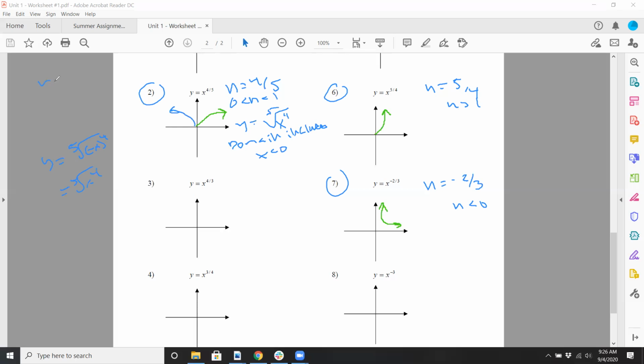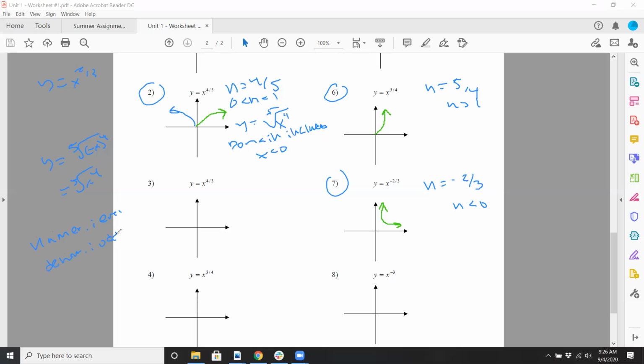It's the same thing as y equals x to the 2/3. I mean, not technically the same graph, but it's close enough. So this tells me that if my numerator is even and my denominator is odd for the exponent, I'm going to get that kind of graph.